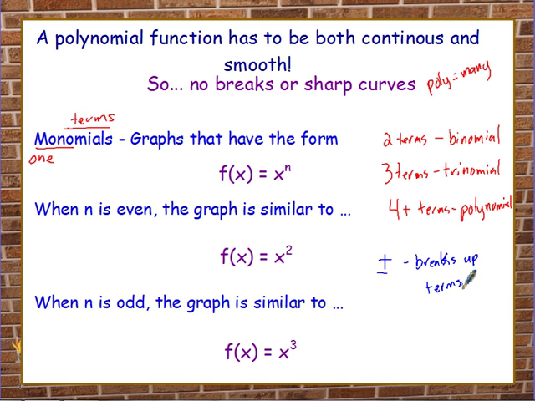Good. So n here, guys, when n is even, remember here I'm talking about my exponent. Actually, what's the fancy word for that? We used it a couple times. The degree. Okay, so really, you're looking at your degree. And what's the difference? Does anybody know what's the difference between a degree and an exponent?